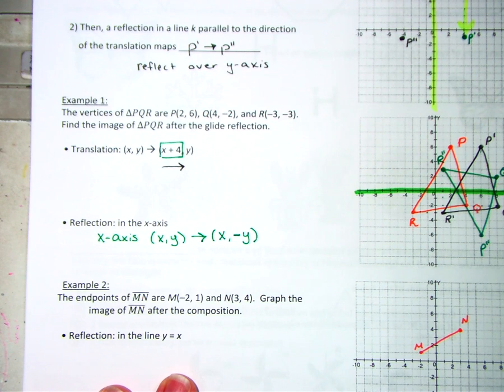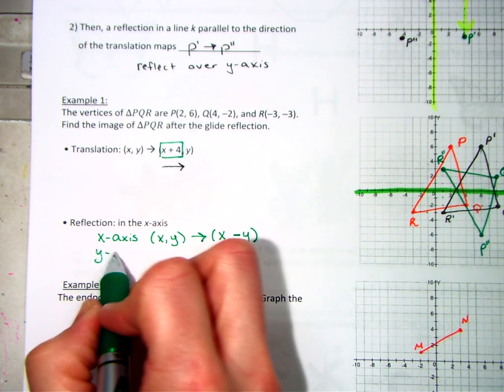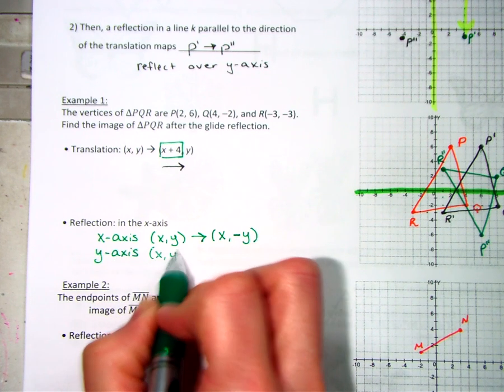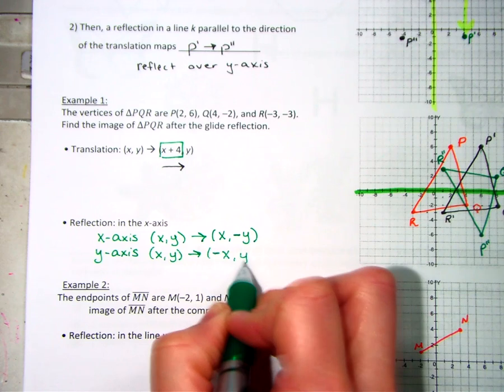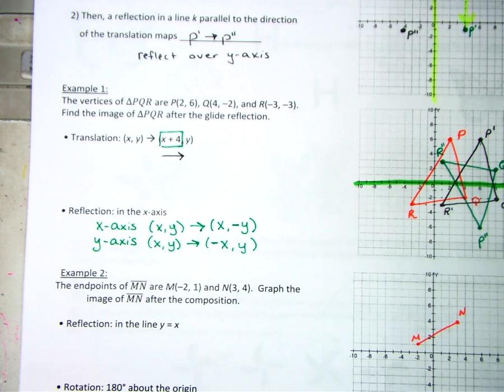And then if you flip that around, the y-axis would make the x negative. So if you want those today and you don't want to do it by the graph or the picture, that is perfectly acceptable because you're given these rules on the test. You can practice that today. Okay, so those are the rules for the x-axis and the y-axis, and then we'll write down the other rules. You'll see those below.